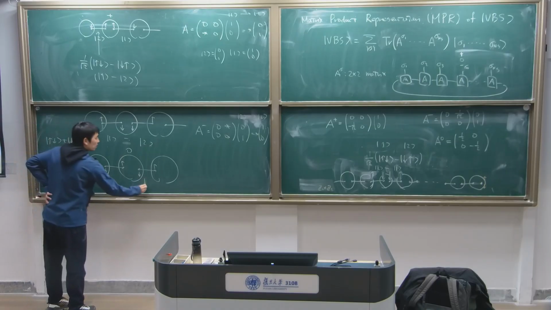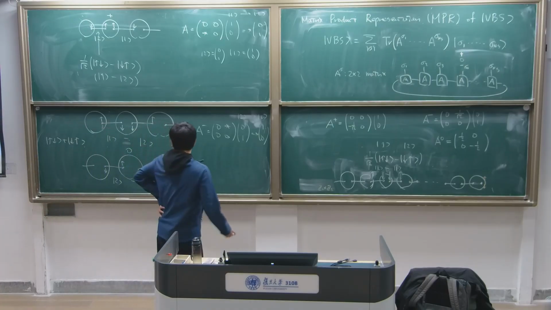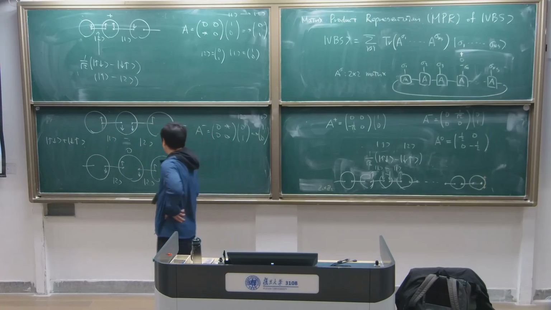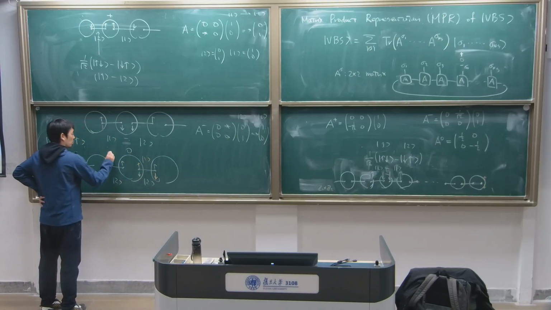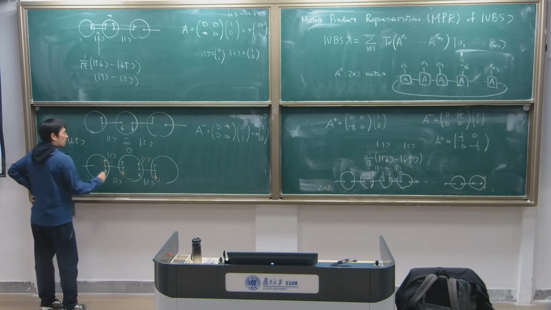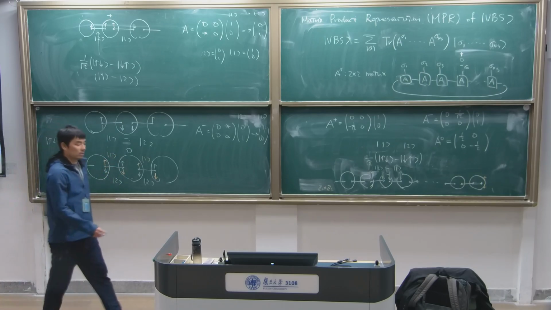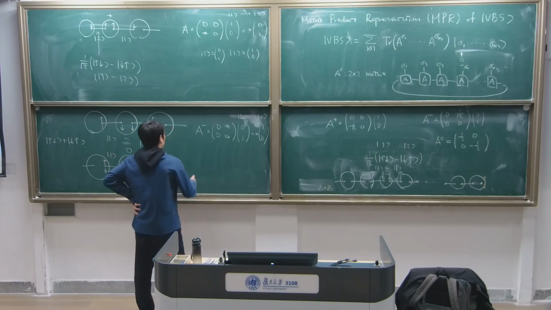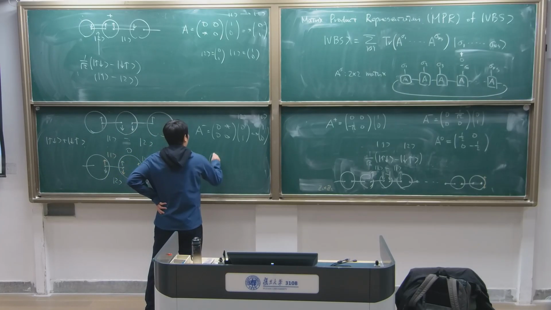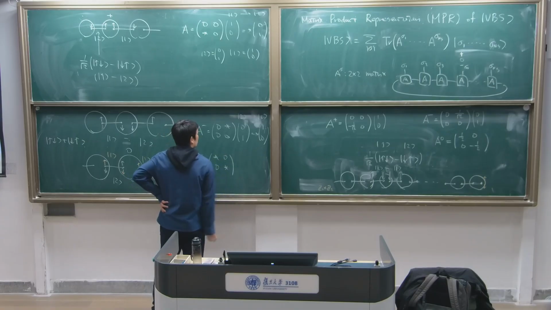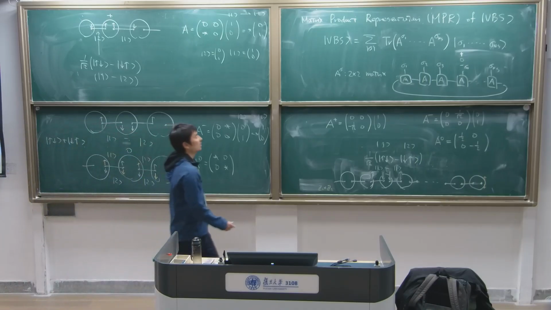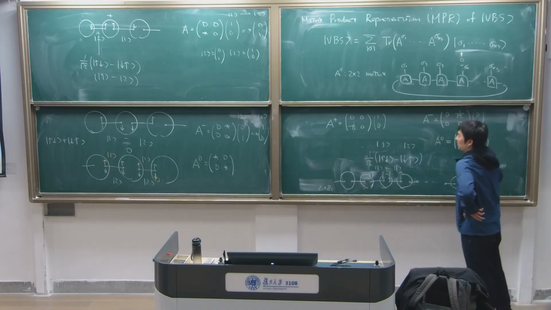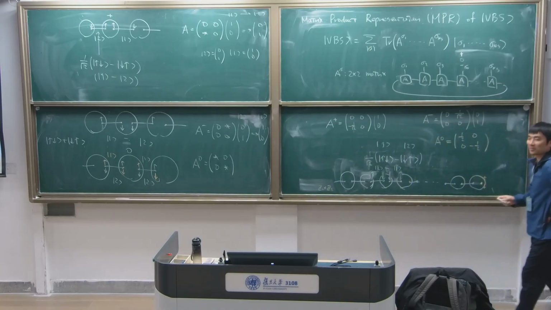So here, 2 is mapped to 2, or if you have one state, it's mapped to 1, like this. So the output A should be diagonal. And if you are careful about all the signs and coefficients, this should be the correct normalization.